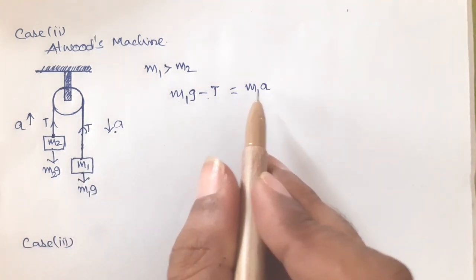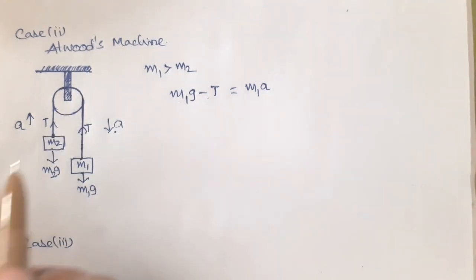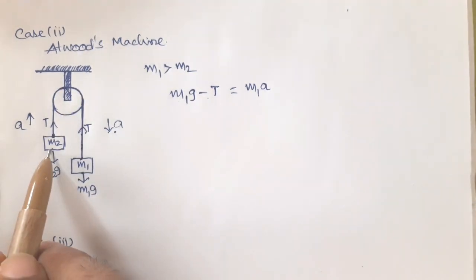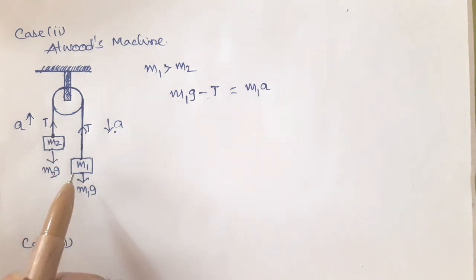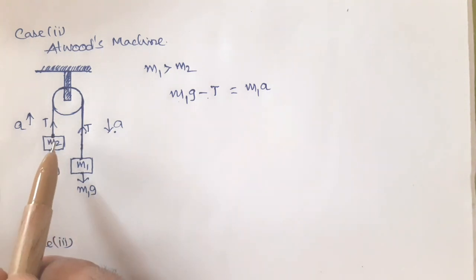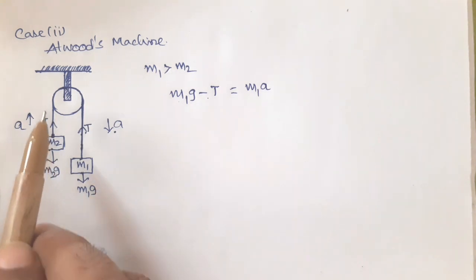M1g minus T is equal to M1a. Similarly, come to this body. Now for this body, due to M1 is greater than M2, this body moves in the upward direction.